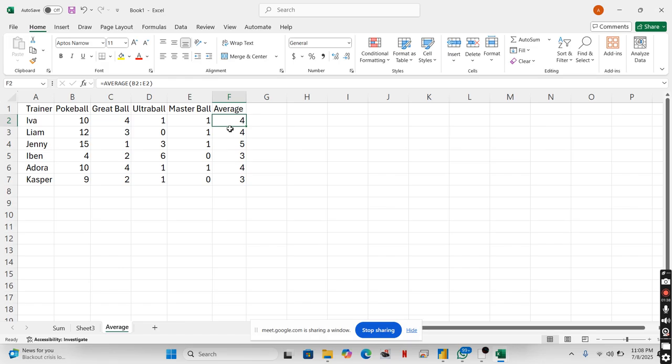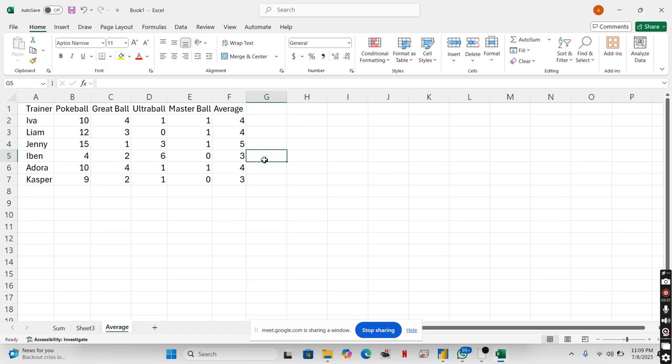Do you understand now? Let's check if this answer is correct. 12 plus 3 is 15. 15 plus 0 is 15. 15 plus 1 is 16. 16 divided by 4, 4. 15 plus 1, 16. 16 plus 3, 19. 19 plus 1, 20. 20 divided by 4, 5. 4 plus 2, 6. 6 plus 6, 12. 12 plus 0, 12. 12 divided by 4, 3. 3 times 4, 12. 10 plus 4, 14. 14 plus 1, 15 plus 1, 16. 16 divided by 4, 4. 9 plus 2, 11, 12, 0, 12. 12 divided by 4, 3.